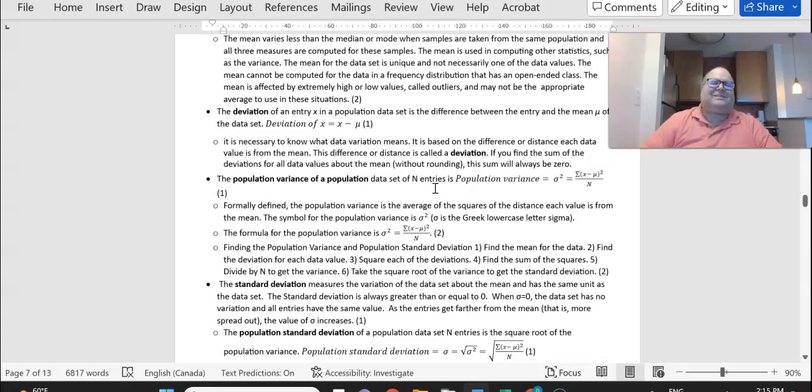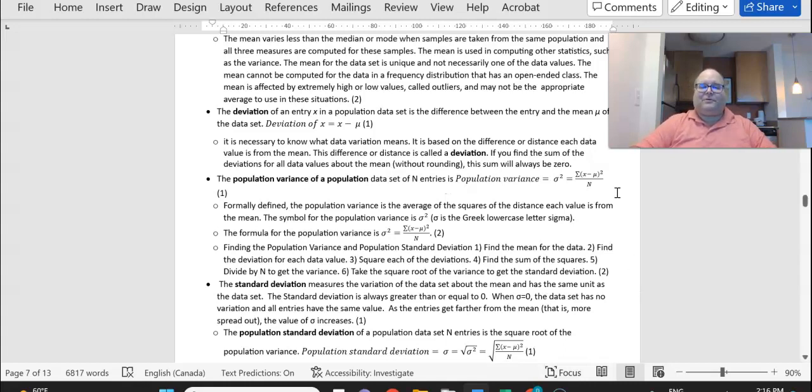And we can't just use the sum of the deviations divided by n, because that gives us an incorrect value, and it would be 0 anyway. So we have to use the squares.